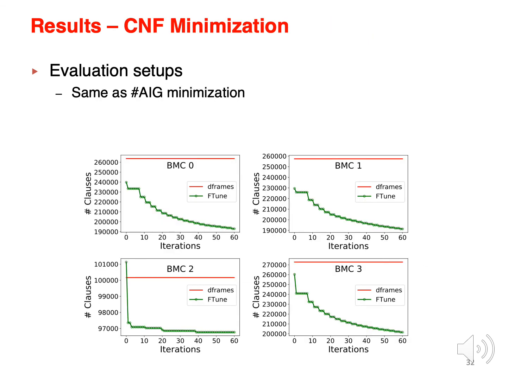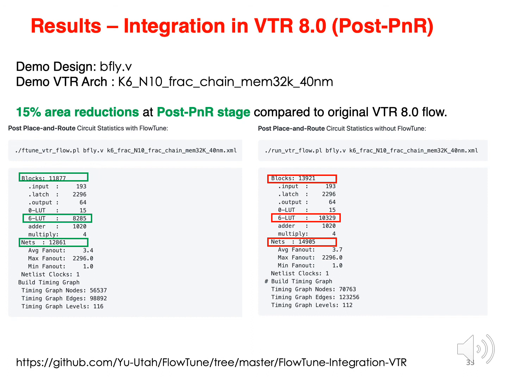As I said, this can also be applied to CNF generation for SAT solving, and this uses exactly the same setup as for AIG. So I will skip this, and we talk about the integration with other EDA tools.